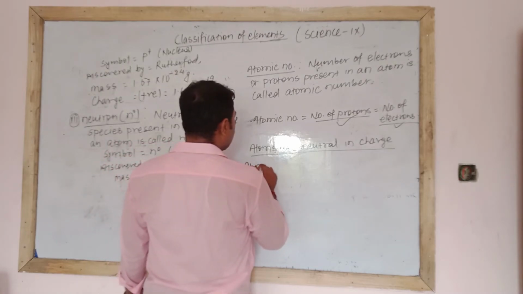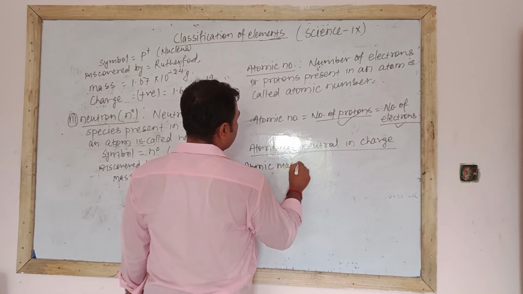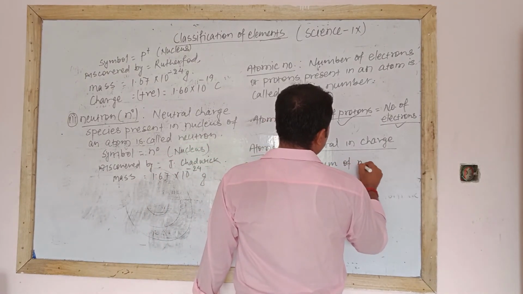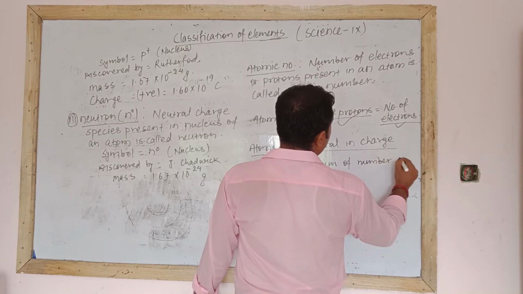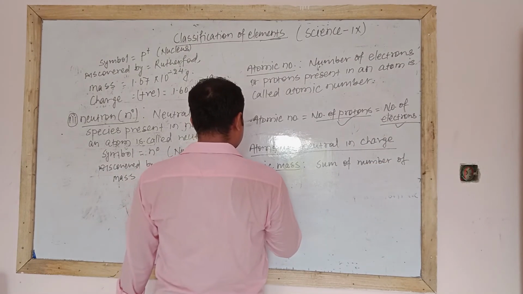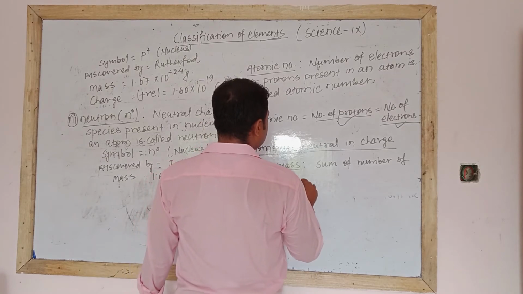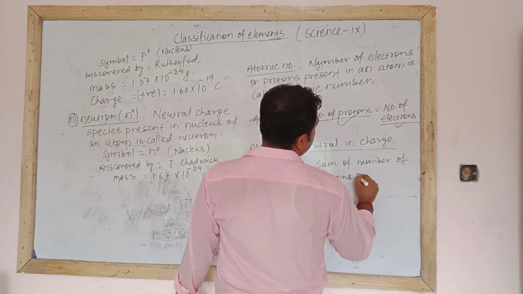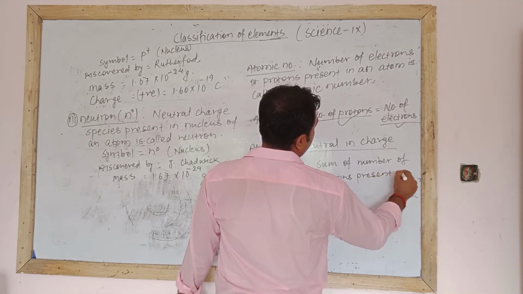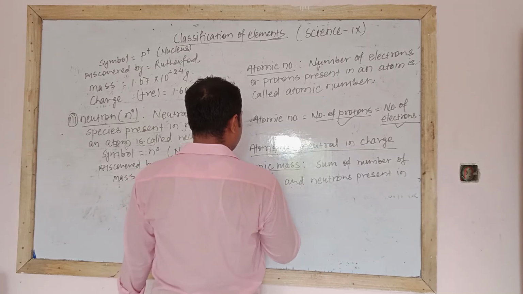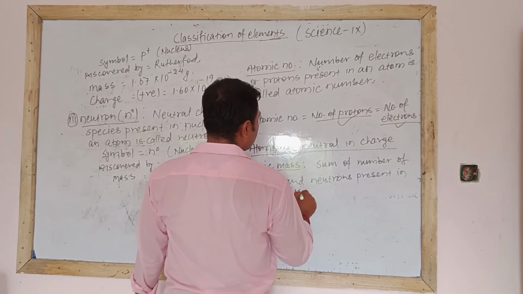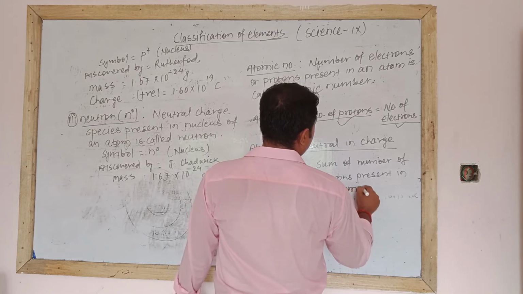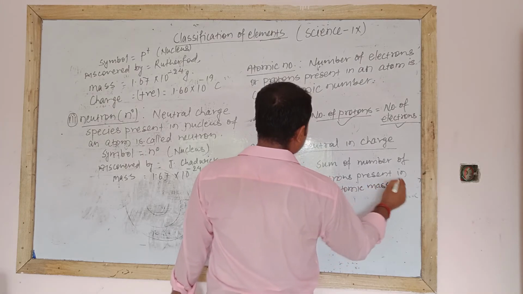After that, atomic mass. Here we write: the sum of the number of protons and neutrons present in an atom is called atomic mass or atomic weight.